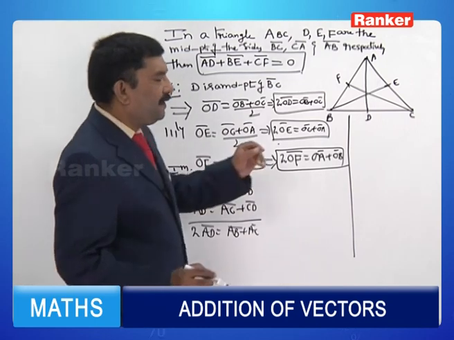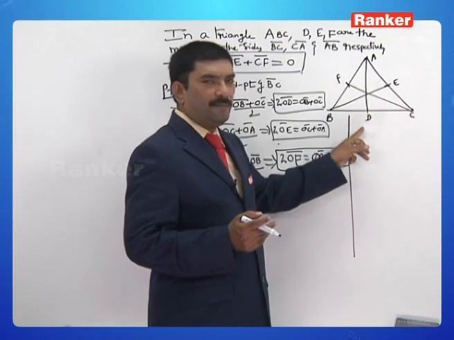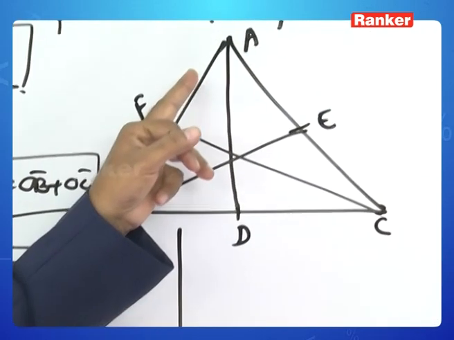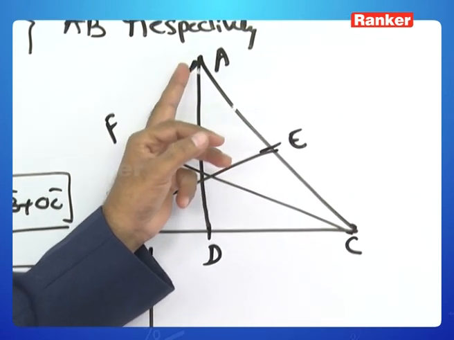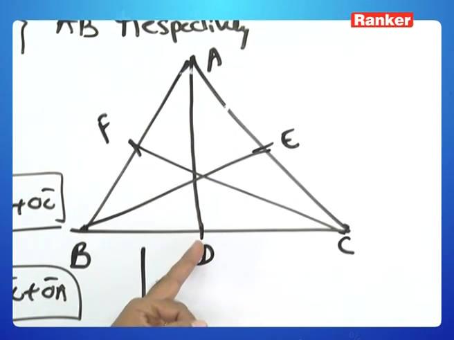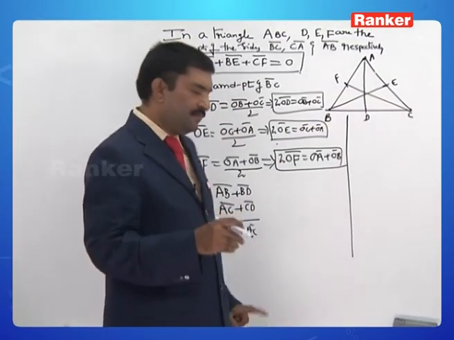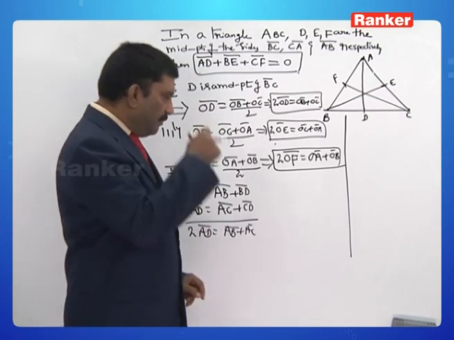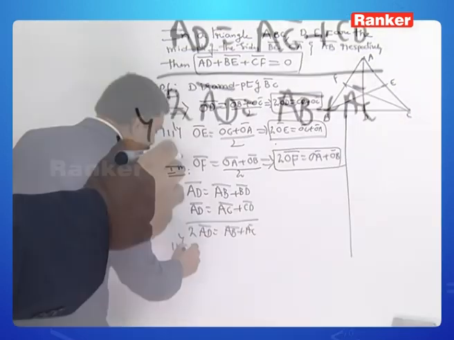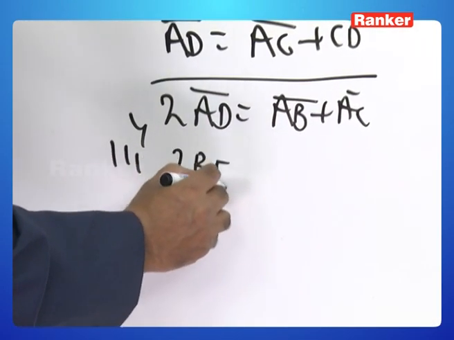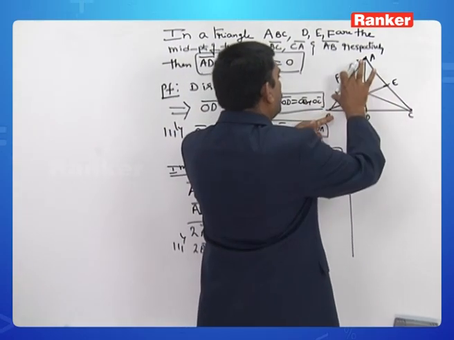Remember, here it's a resolution of a vector. This AD bar can be written as the sum of these two vectors from where it is starting, from A. Therefore, AD bar can be written as AB bar plus AC bar by 2. That's what we did. Similarly, I can also write 2 times BE bar, starting from B, is BC bar plus BA bar.